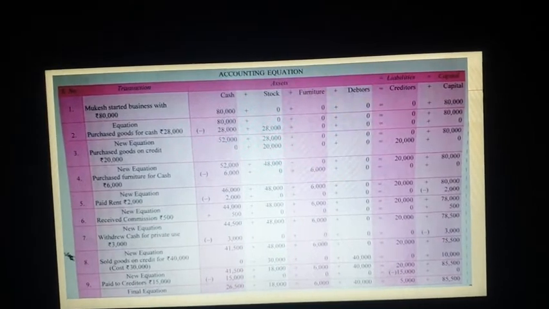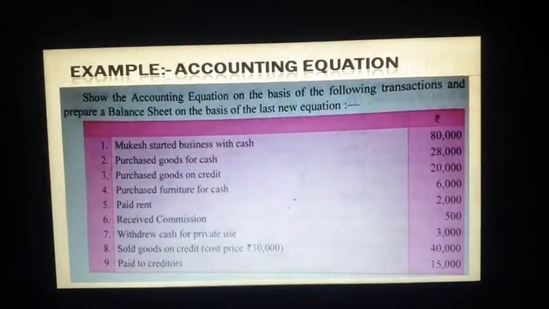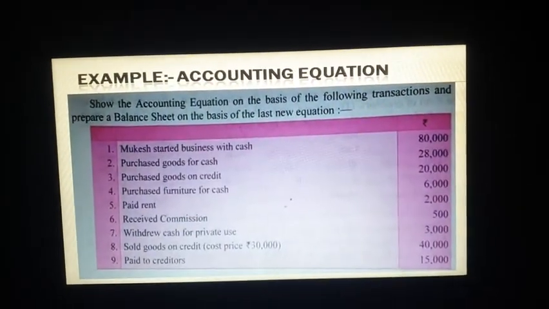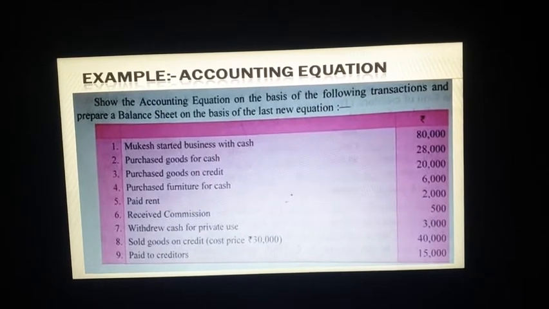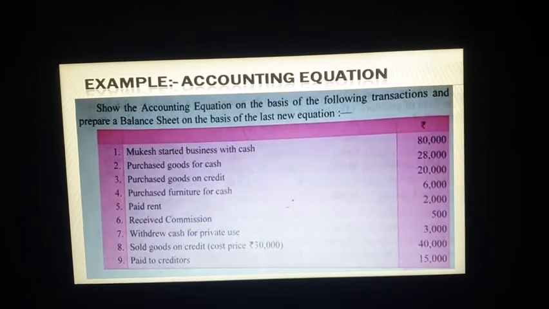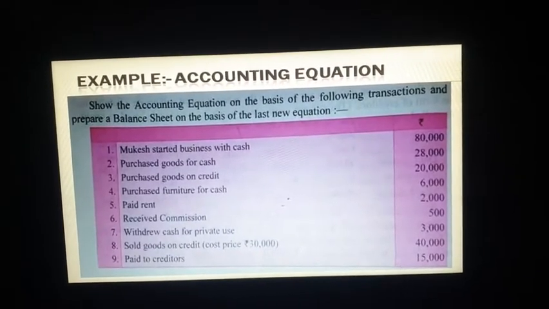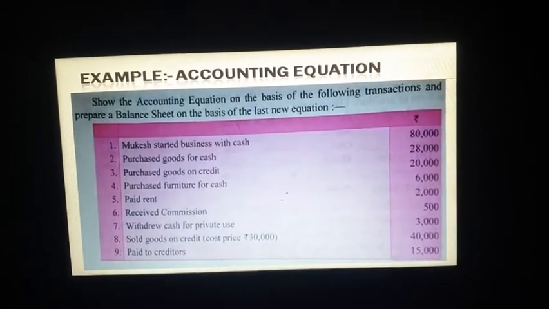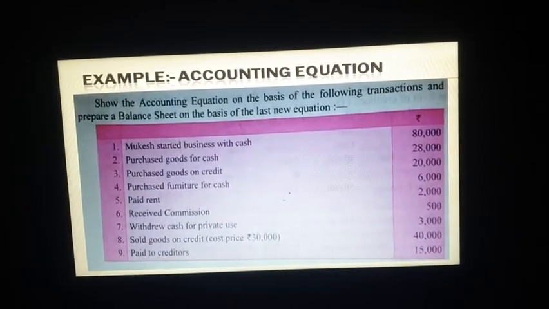Now point number 8, this is the important point. Sold goods on credit, cost price 30,000, at rupees 40,000. So goods sold. Whatever transaction is related to goods will affect your stock. So stock will decrease by 30,000.